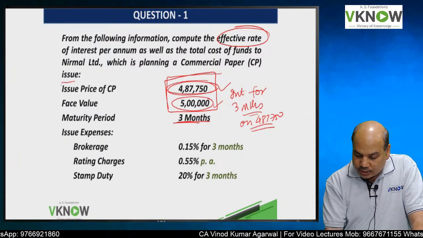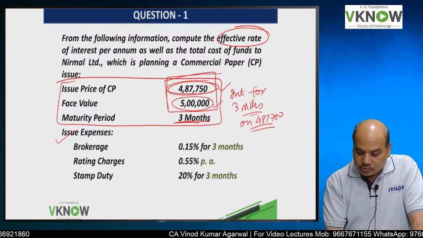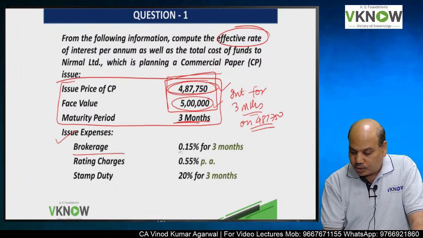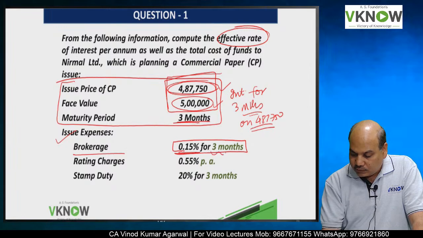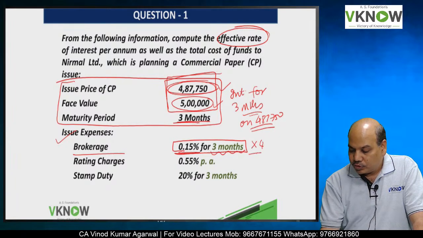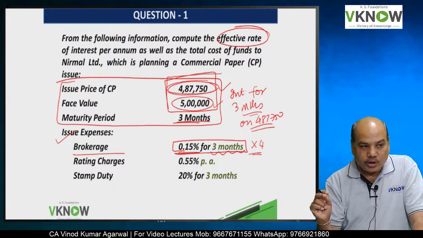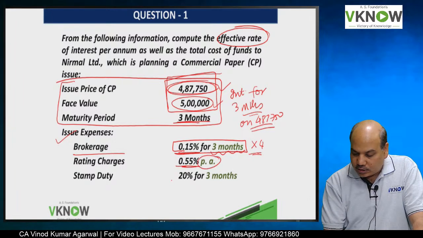In addition to the interest cost, when the company issues commercial paper, there are other expenses that we also have to add. Brokerage is 0.15% for 3 months. Since it is given for 3 months, I will multiply by 4 to get the equivalent brokerage per annum. Rating charges are already given per annum.